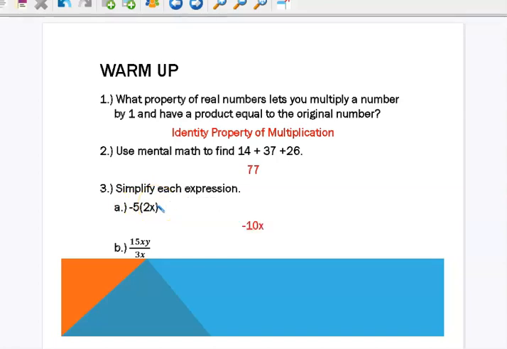For part B, again, I'm going to start with the numbers, and I'm just going to take those separately. 15 divided by 3. Just this part right here. 15 divided by 3, I know that's going to be a 5. Because there's 5 3's in 15.